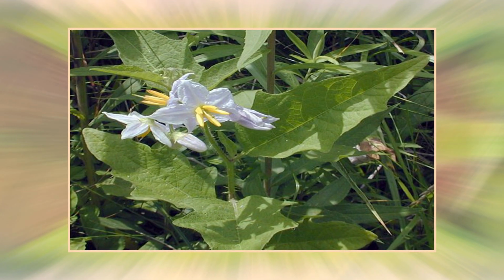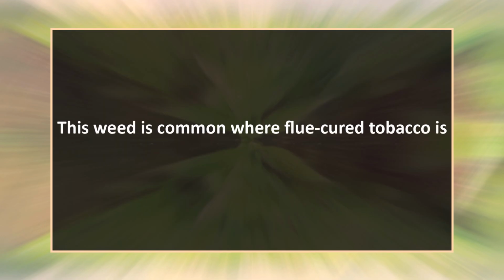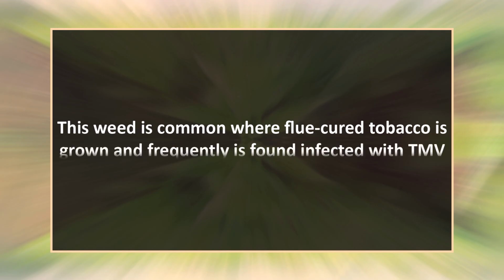Number 5, weeds. A number of weeds are known to be hosts of tobacco mosaic virus, but horse nettle is the only one found thus far to be infected. This weed is common where flue-cured tobacco is grown and frequently is found infected with tobacco mosaic virus.